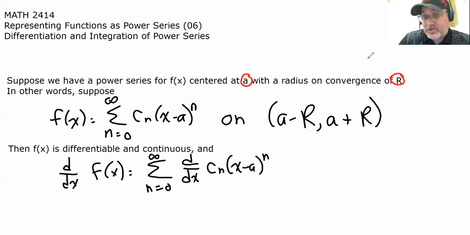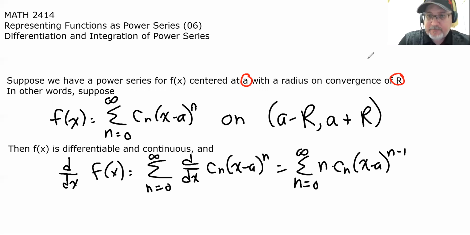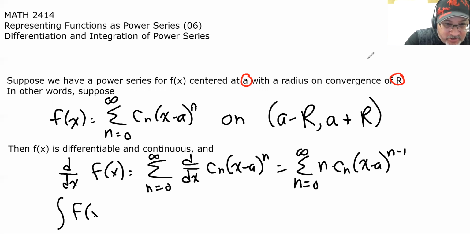And we can actually take the derivative by bringing down the power in front of the coefficient and then lowering the power by 1. So in other words, all this is saying is we can take the derivative of a power series term by term, and we can take the integral of that power series term by term.